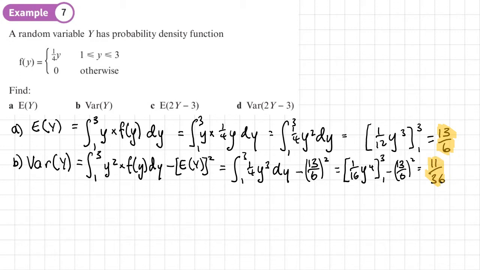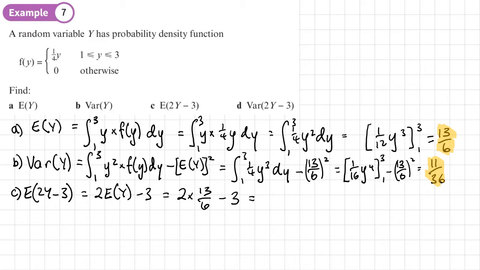And part C says the mean of 2y minus 3. So that's equal to 2 times the original mean minus 3. So that is 2 times the original mean, which was 13 over 6, minus 3. And that becomes 4 over 3.